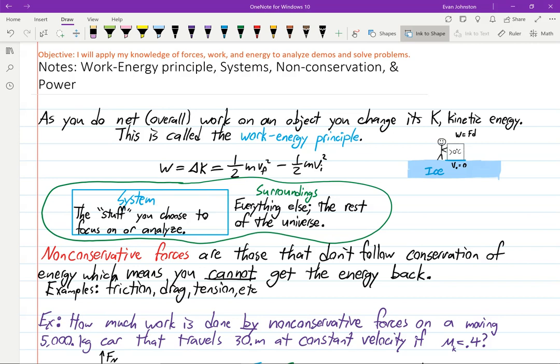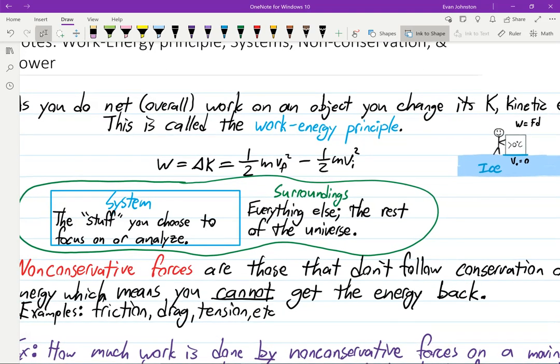And we'll bring in things like friction and things that kind of fight against us in a little bit. And so, in symbolic terms, we'd say, well, wait, the work that you do is the change in kinetic energy, which is the difference between the final kinetic energy and the initial. This is just the kinetic energy equation twice. The little f below the v means final. The little i below this v means initial. That's it. That's all it is.